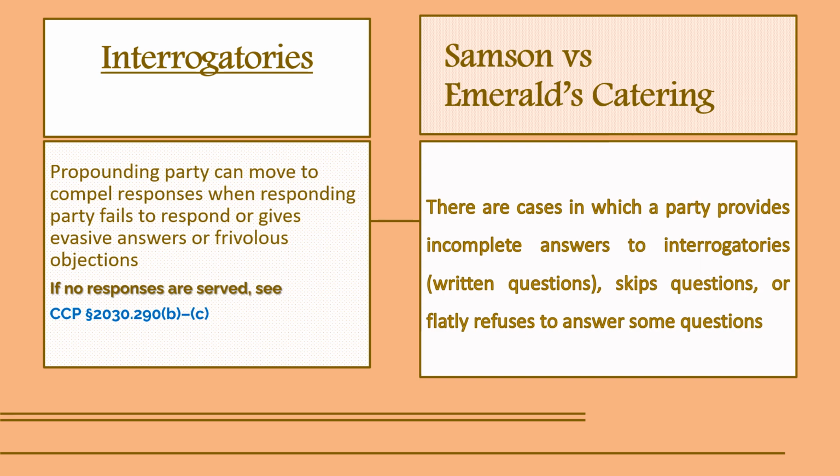When inadequate responses have been served, a motion to compel further responses may be filed and served within 45 days of service of the responses or any supplemental responses, or on or before any date to which the party agrees in writing. Failure to do so waives the party's ability to move for further responses.